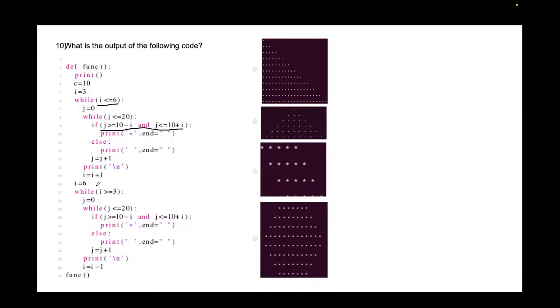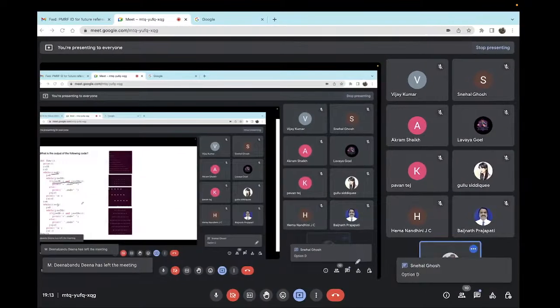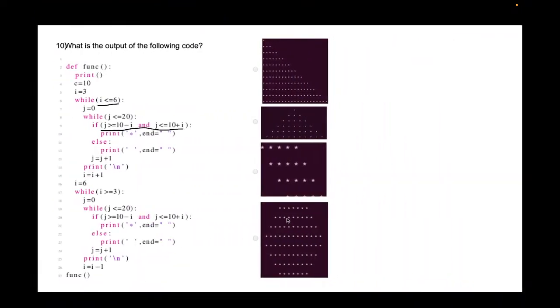Now we are initializing I to 6 and then using another while loop which says while I is greater than or equal to 3, again some other sort of printing happens.